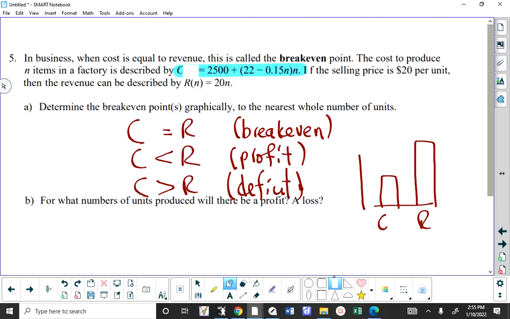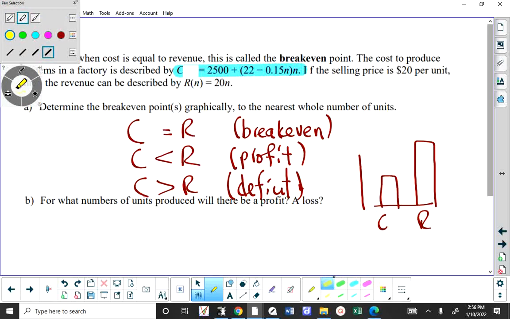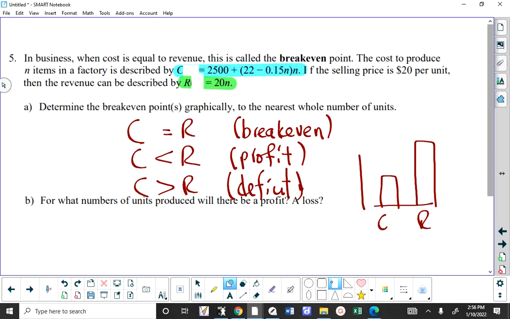And it makes sense that if you're selling everything for $20 a pop, your revenue would be equal to 20n. And again, if the function notation bothers you, don't use it. So question A says, how many items do you have to sell to break even? Which means we have to solve this system of equations.